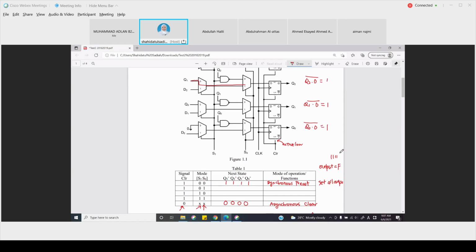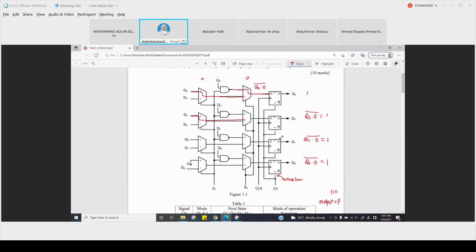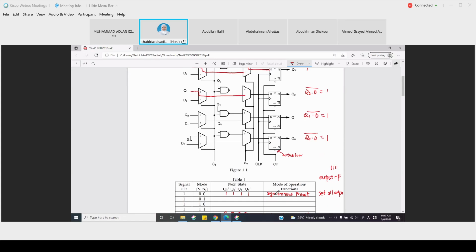Set all output is acceptable because set means 1. Output equal to F means the whole register output is F, 1, 1, 1, 1, also acceptable. If you write synchronous preset, of course, that will be the best answer.